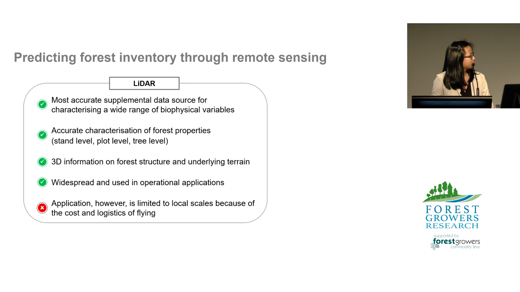It is a source for characterizing biophysical variables and forest properties at different levels, such as stand level, plot level, and tree level. This gives us a three-dimensional view of our forest, and down to the underlying terrain. Countries that have national LIDAR datasets are Canada, Switzerland, and Finland, and many others.